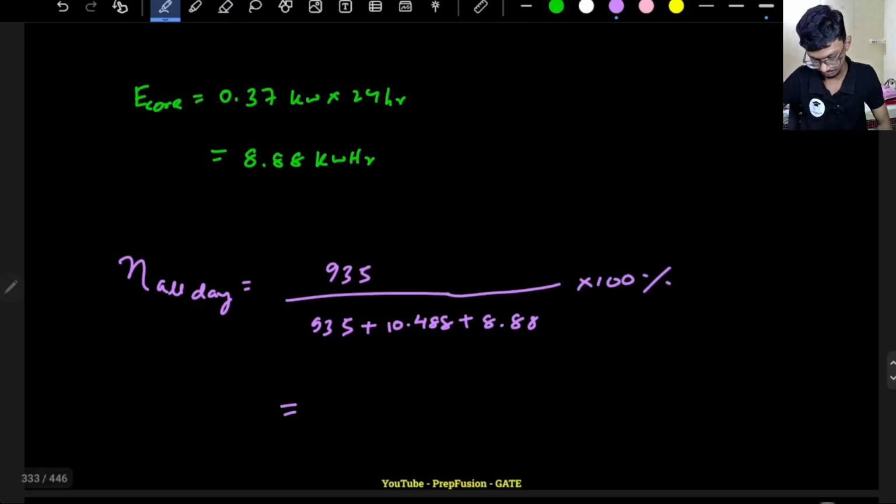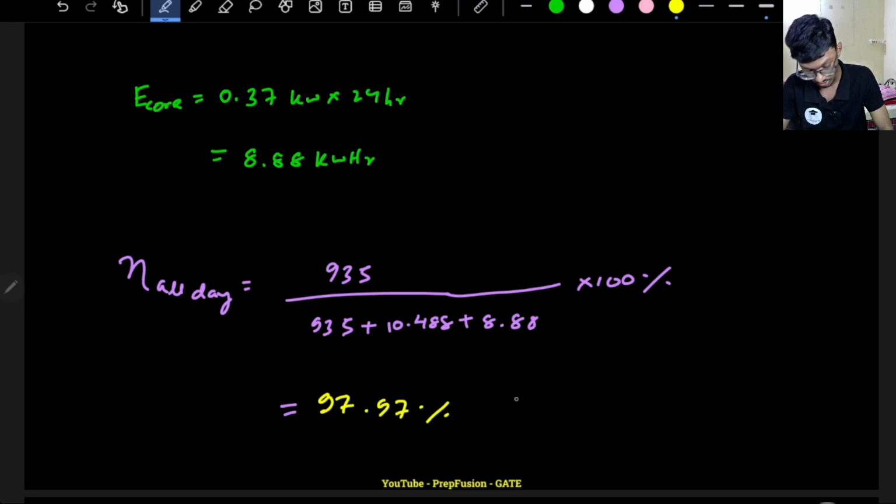So this will be equals to 935 divided by 935 plus 10.488 plus 8.88, into 100. So it comes out to be 97.97 percentage.